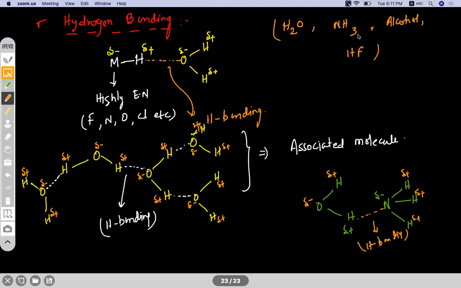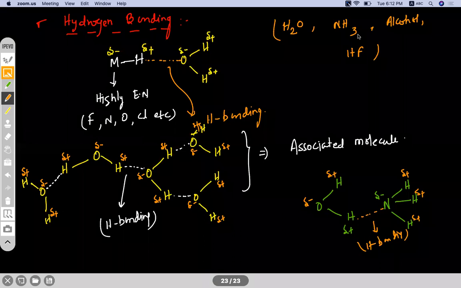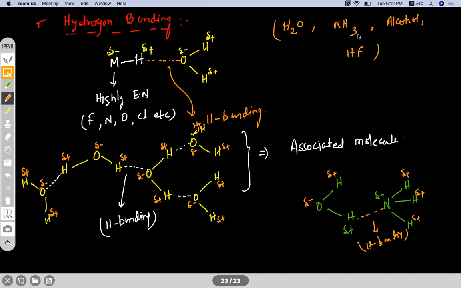We have one concept here: the molecule which can form hydrogen bonding with water can dissolve in water. But the hydration process is different from hydrogen bonding. It is possible that a molecule which shows hydrogen bonding with water gets hydrated in water. Understood?